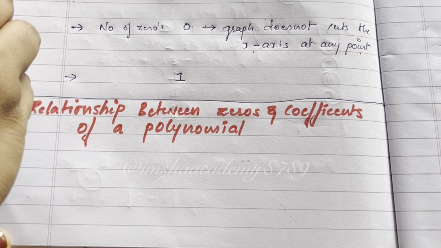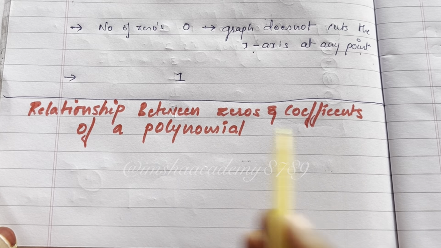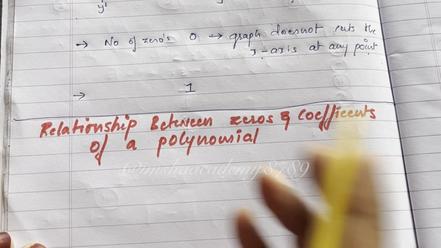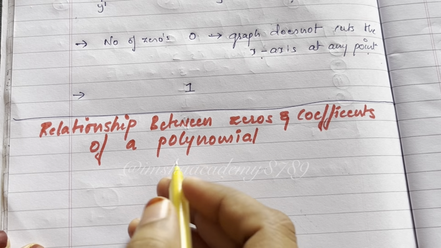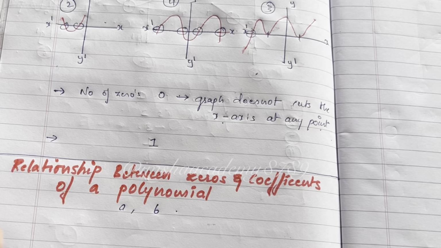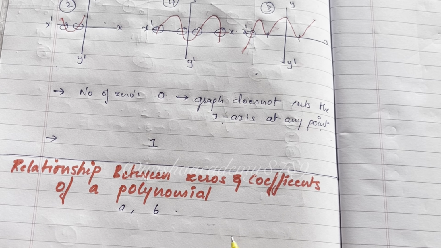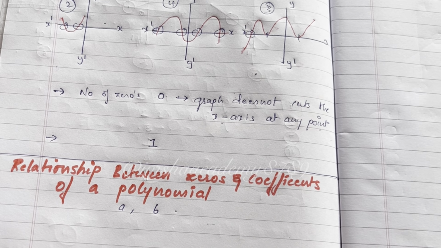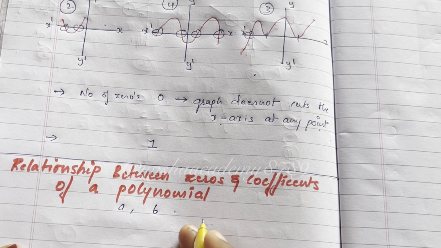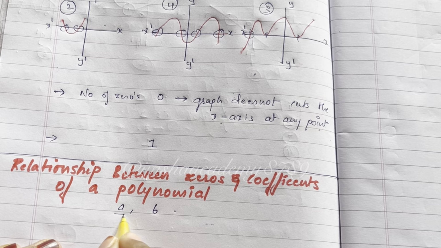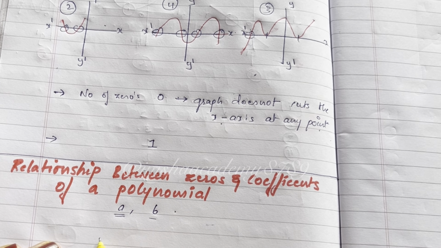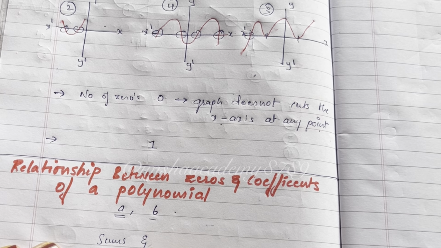The concept is the relationship between zeros and coefficients of a polynomial. For this, we need to find the sums and products of some values alpha and beta. There is a complete description in your textbook, but when I solve the example, you will understand it easily.